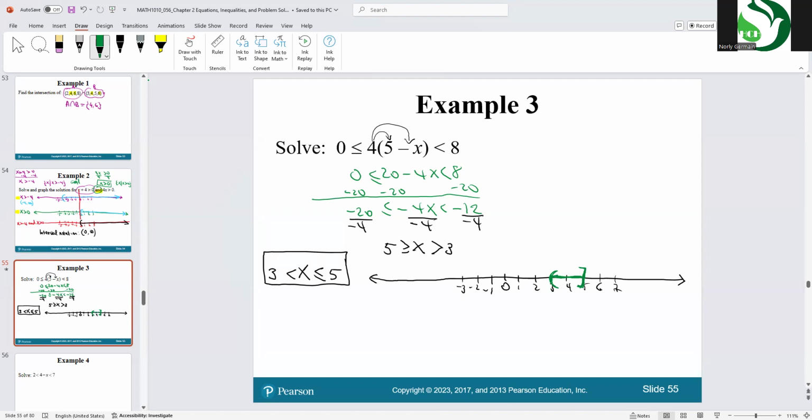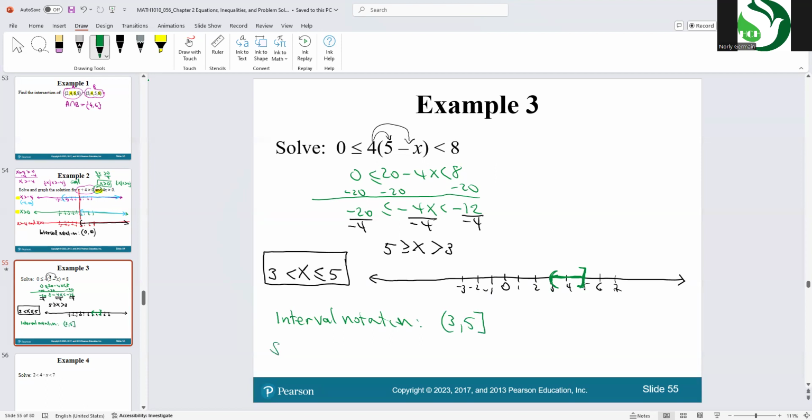You can write it in interval notation. I just did the graphical notation, but in interval notation, we can write it like this: 3 with a parenthesis and 5 with a bracket.